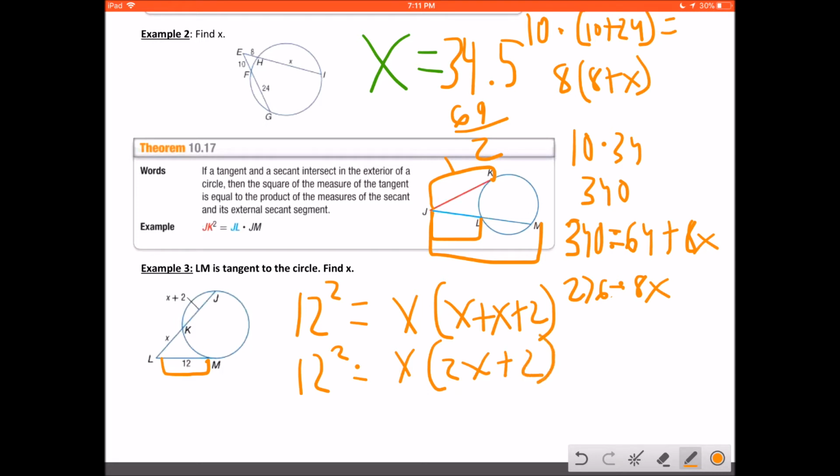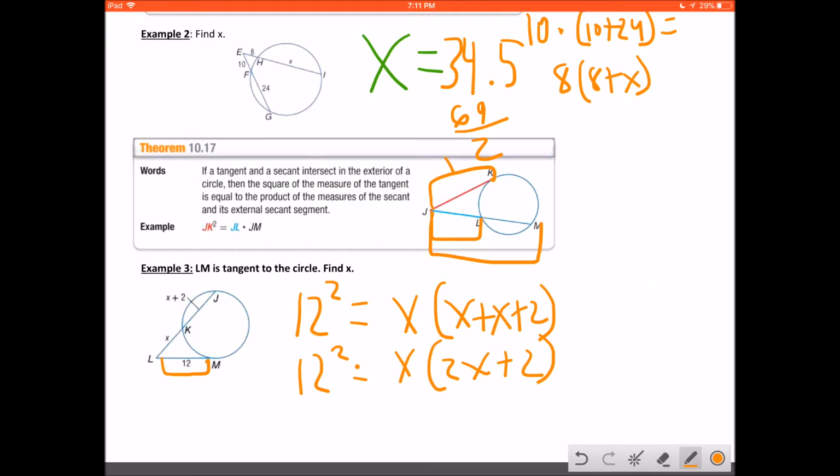I think I need more room for this, so I'll just erase this. Now I'll simplify the left side, which is 144 equals 2x squared plus 2. Subtract 2 over, and you have 142 equals 2x squared.